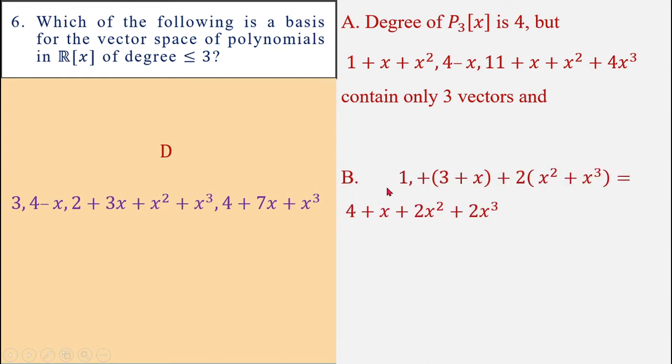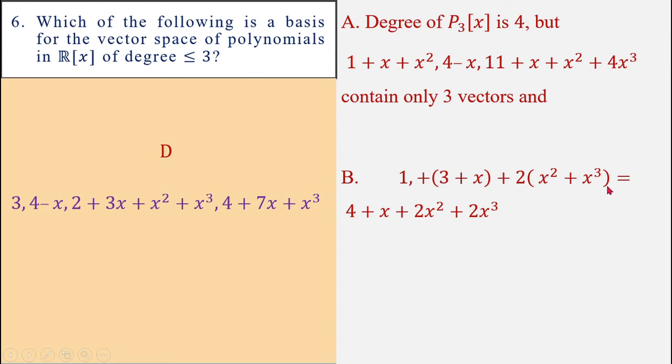For B, we are given 4 vectors, but among those 4 vectors, one can be expressed as a linear combination of the remaining 3. That means the fourth vector in option B, 4 plus x plus 2x square plus 2x cube, can be expressed as a linear combination of the first 3, that is, 1 times 1 plus 1 times 3 plus x plus 2 times x square plus x cube.